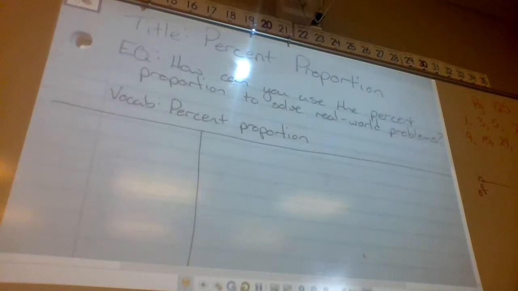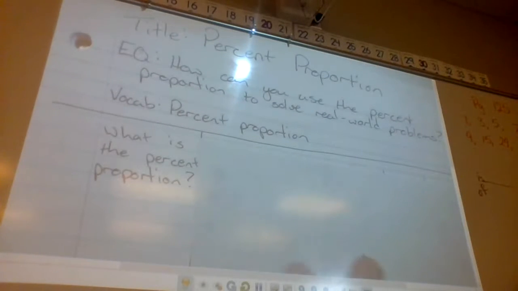Okay? So the first thing we're going to talk about is what is the percent proportion? Write that down. Does any part of that sound familiar to you? Percent sounds familiar? Should. We talked about percent, but is that all?